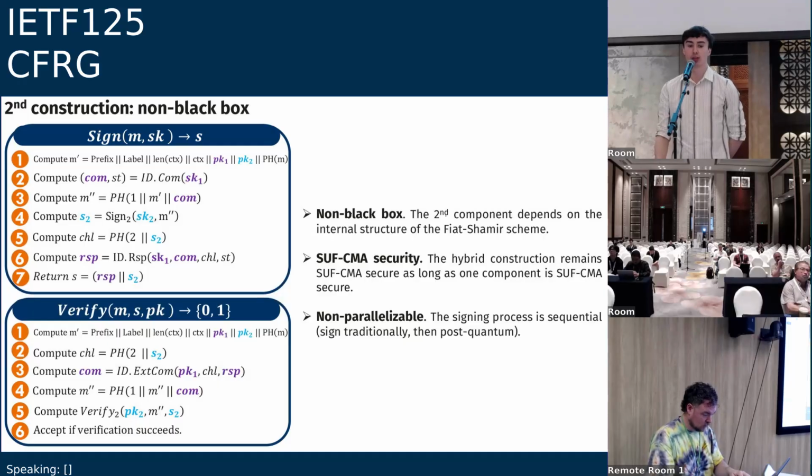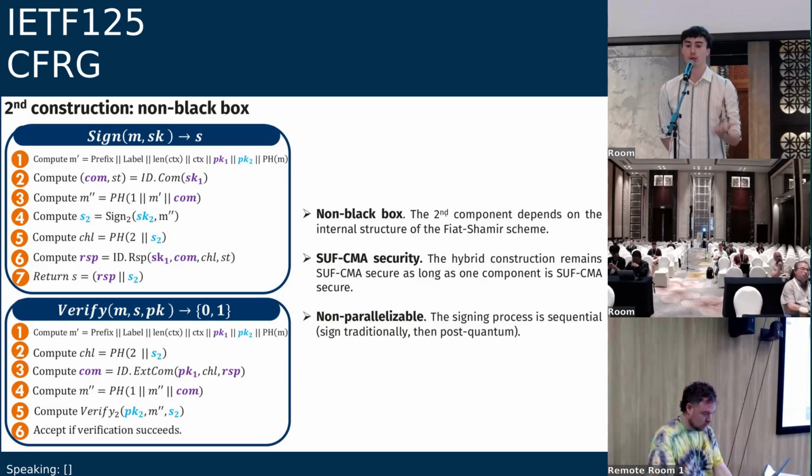This construction is composed of an identification scheme and a signature scheme. It is a little bit more compact because the resulting signature is composed of the response from the traditional identification scheme and from the second signature.